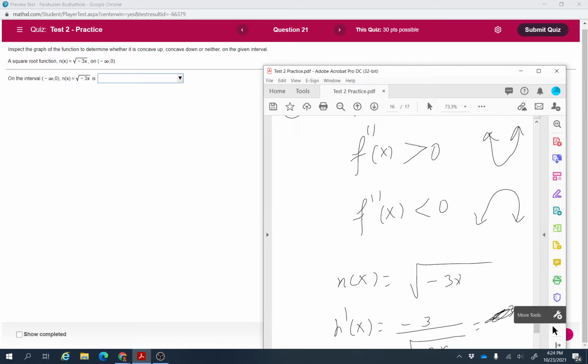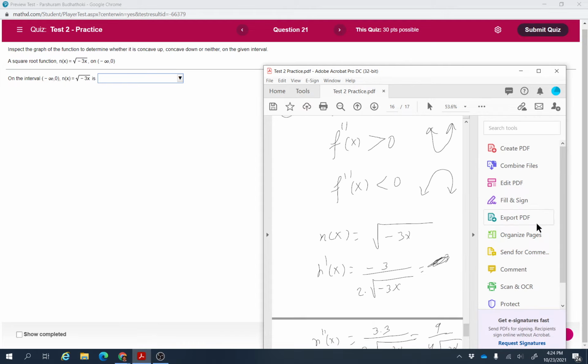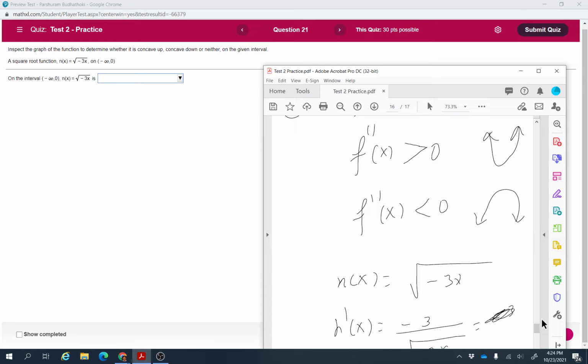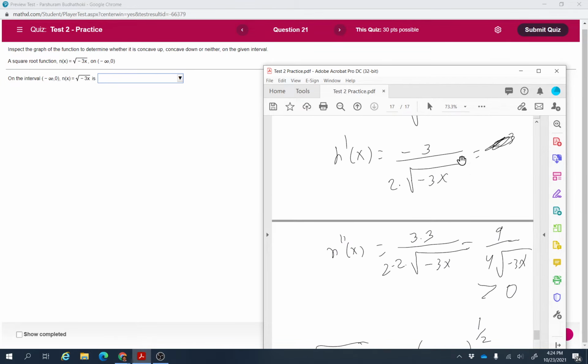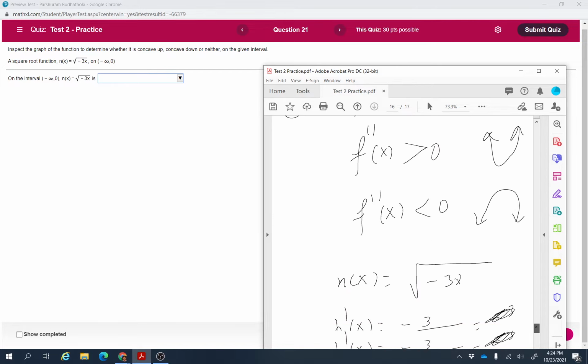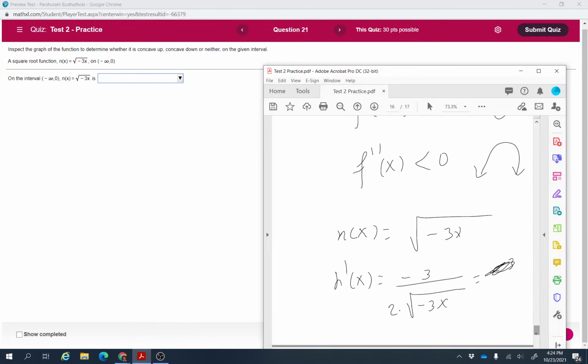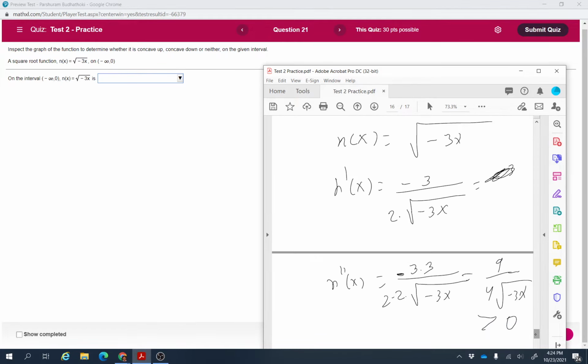First derivative, oh yeah, I missed something here. The first derivative is -3 over the square root of -3x, but for the second derivative there will be one negative here, because the first time the half power was on the top, but the second time that half power comes on the bottom.